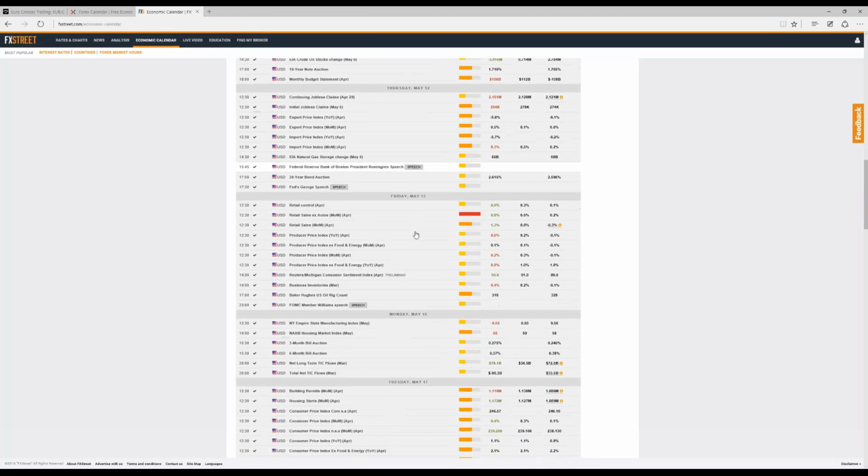And now if we fast forward, retail sales started going up, which is pretty good. Again, on May 13th, basically everything went down. A lot of data came out and created a ton of volatility.